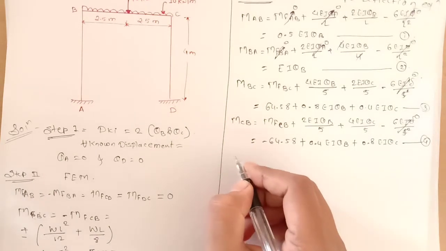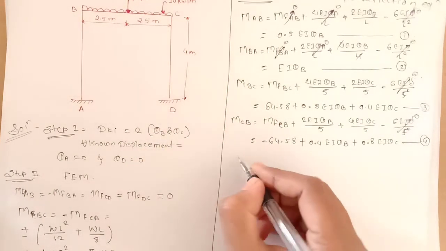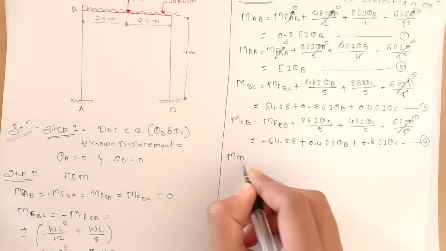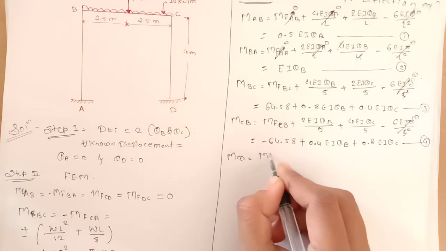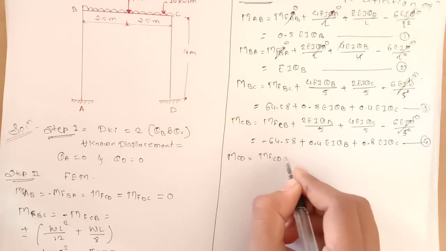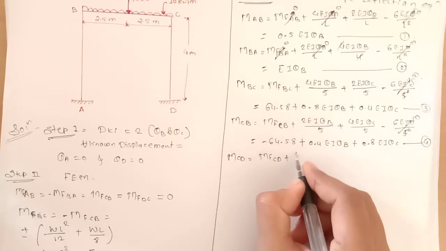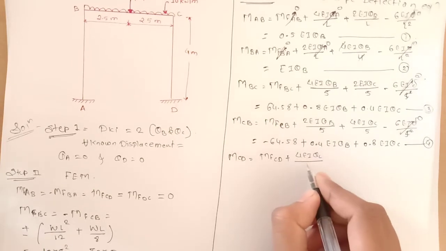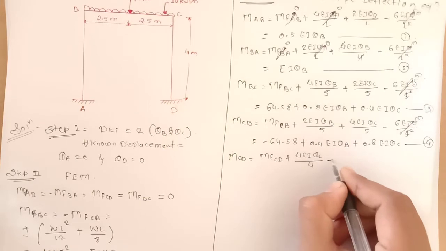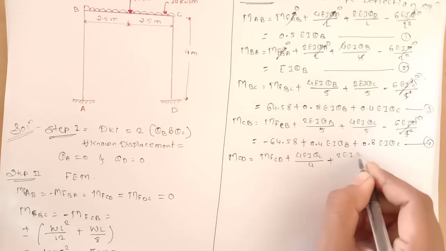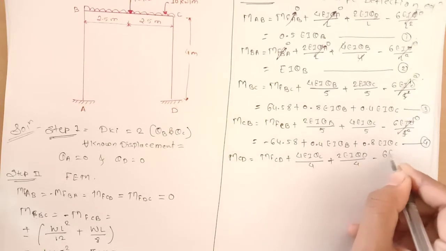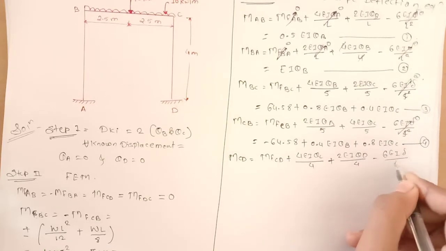Then next, the last member is member CD. So the slope deflection equation at member CD is equal to, formula is fixed moment for member CD plus 4EI theta C divided by length, which is 4 meter, plus 2EI theta D divided by 4 minus 6EI delta divided by 4 square.